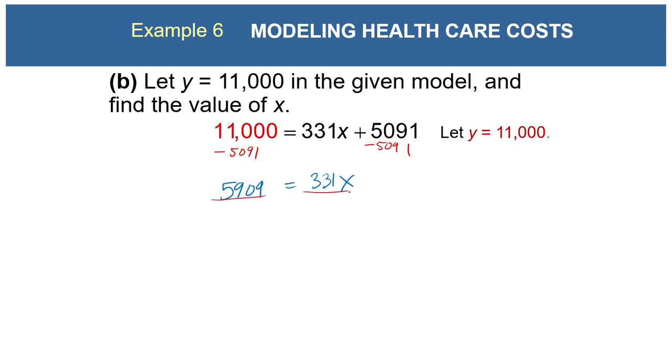Let's divide both sides by 331, and so X is equal to about 17.9. What this means is, this is about 17 years after the year 2000.